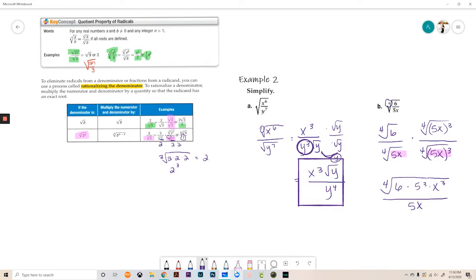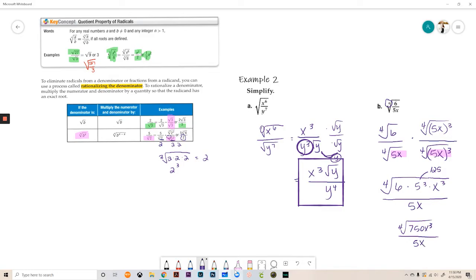Then if I keep going and simplify that even further, 5 to the third, so 5 times 5 times 5 is 125. And if I multiply that by 6, I should get 750. So my numerator is fourth root of 750x to the third over 5x.